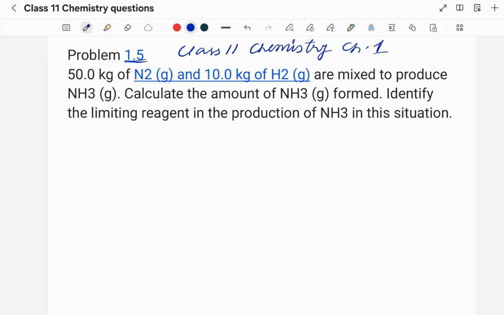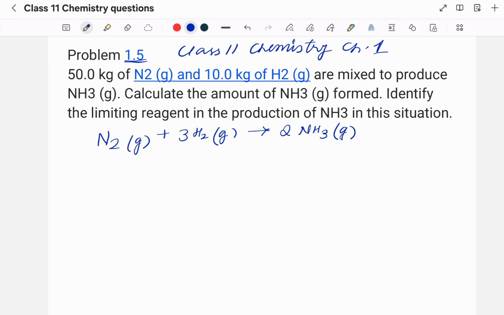So for this particular reaction, you should know what the balanced chemical equation is. Nitrogen gas, 1 mole, combines with 3 moles of hydrogen gas to produce 2 moles of ammonia in the gaseous form. So this is the balanced chemical equation.